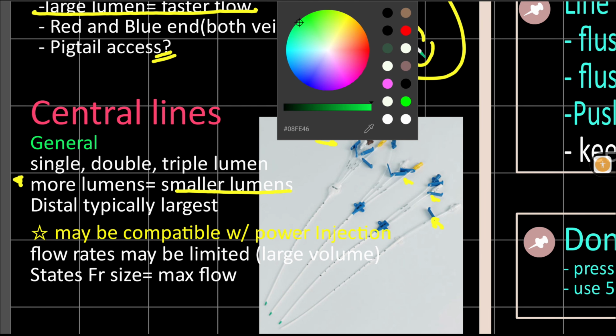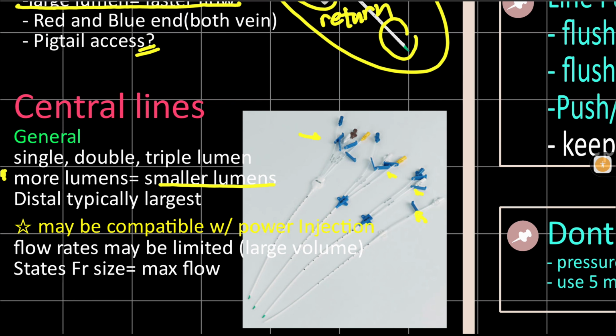Okay. For example, you have here a single lumen, a double lumen, and a triple lumen. For a single lumen catheter, this entire space is going to be available for fluid to go through to the patient. So you will see that there's actually an ample amount of space.